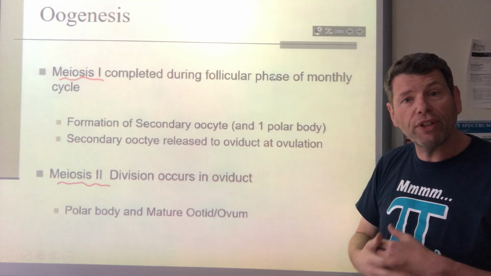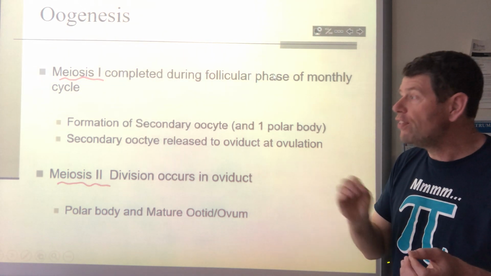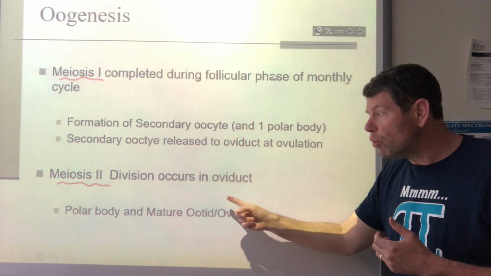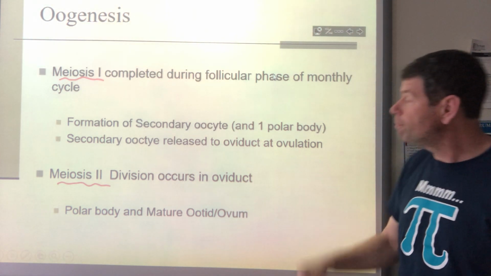And so during the monthly cycle, that's when we pick up with meiosis 1 and finish it off for those growing follicles. And then we know that meiosis 2, that second division, occurs in the oviduct, the fallopian tube.